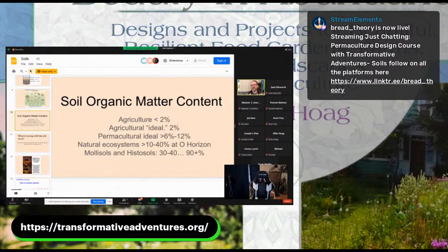Organic does a lot better and no-till does a lot better, but it's really tough to do agriculture and keep the soil at that 2%. 2% is the place where the plants and the soil start becoming a whole lot easier to work with. So that's the agricultural goal, and it's almost impossible to hit.